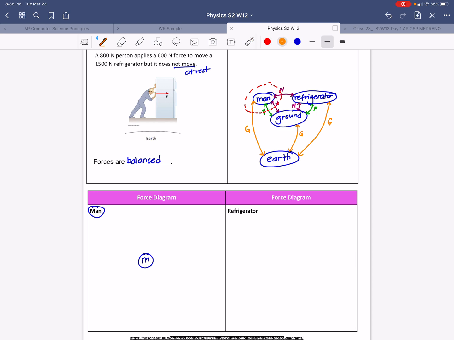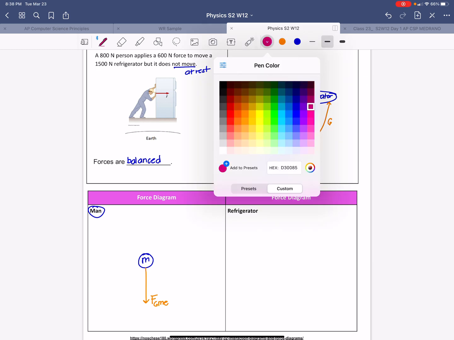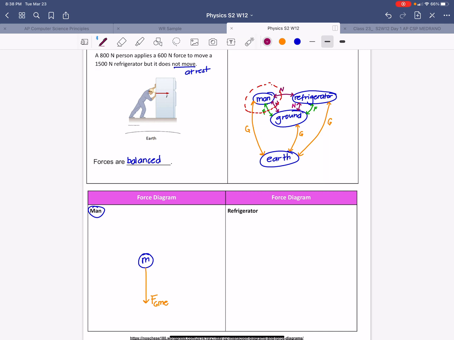Obviously one is the force of gravity on the man with the earth. And then we have the ground that is pushing up. So we have the normal force on the man from the ground.